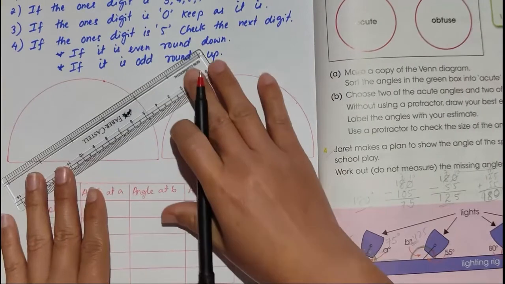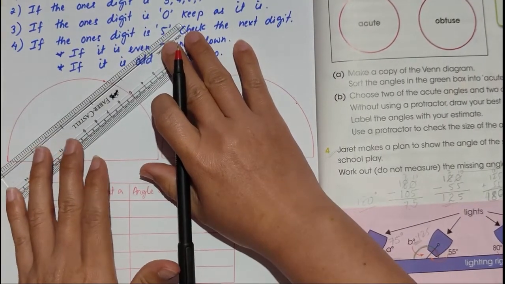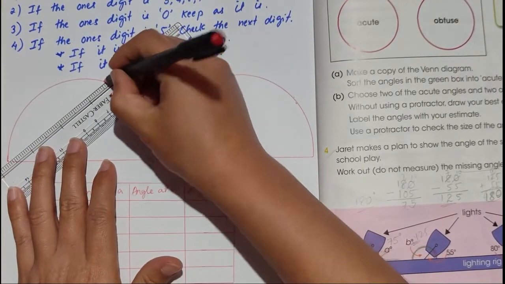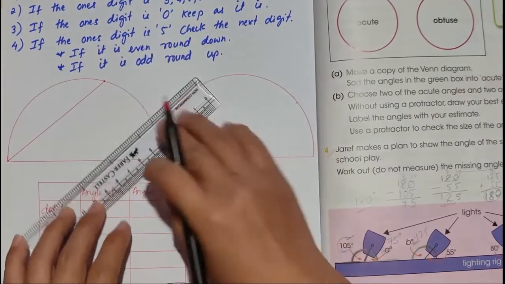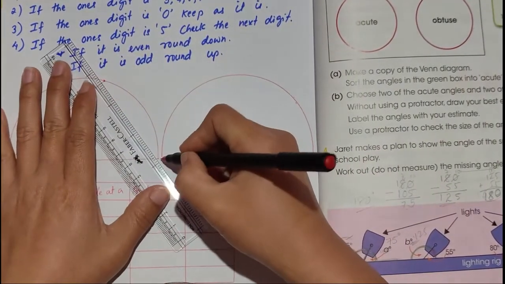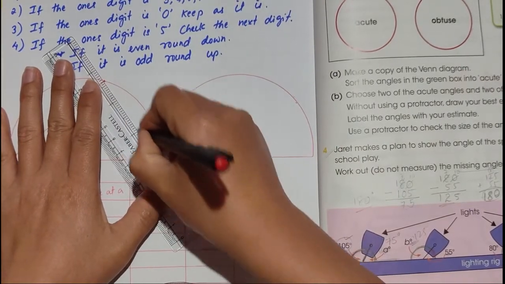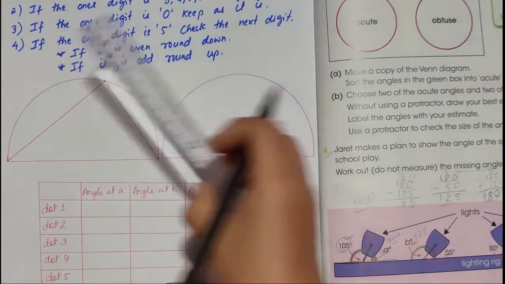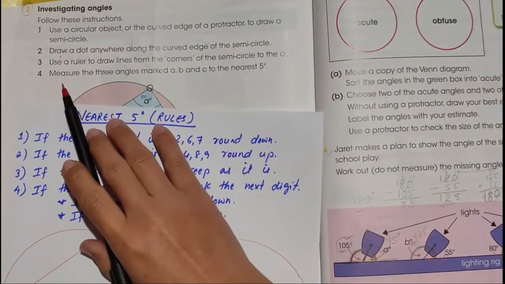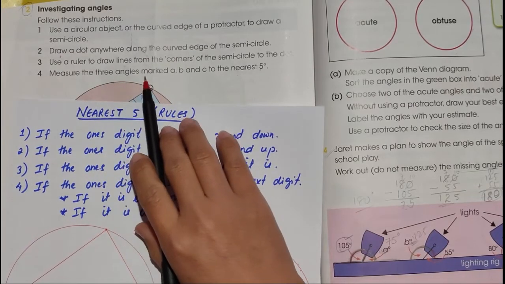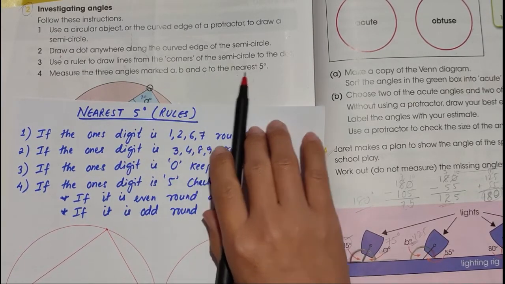Take the ruler and join from here till here, right? And then another line from here till this dot. So that is your third step.